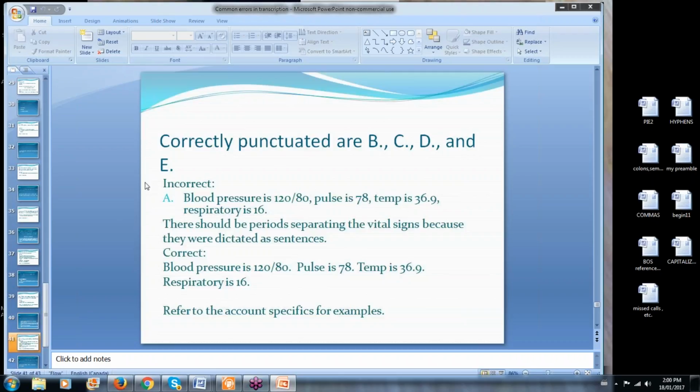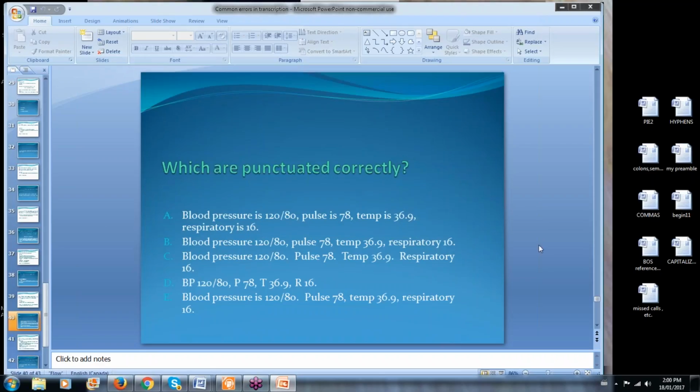Okay, running out of time here. Which are punctuated correctly? I wanted to get this in here because I know a lot of students get this wrong or confused about it. Can everybody see that? A: Blood pressure is 120/80, comma, pulse is 78, comma, temp is 36.9, comma, respiratory is 16. B: Blood pressure 120/80, comma, pulse 78, comma, temp 36.9, comma, respiratory 16.